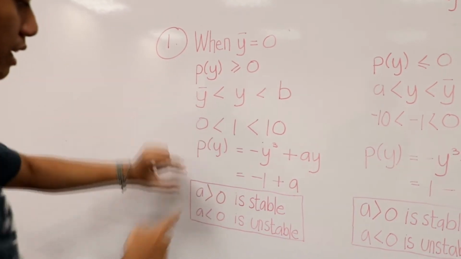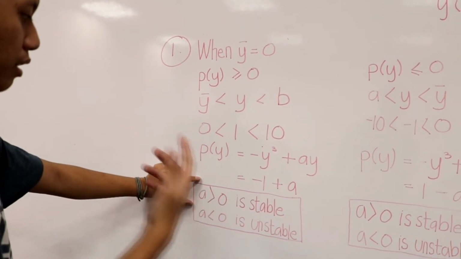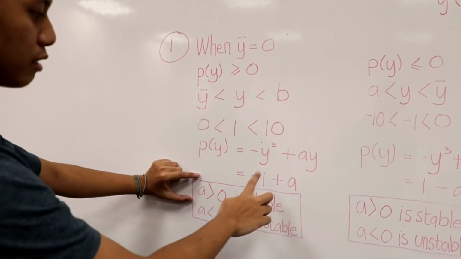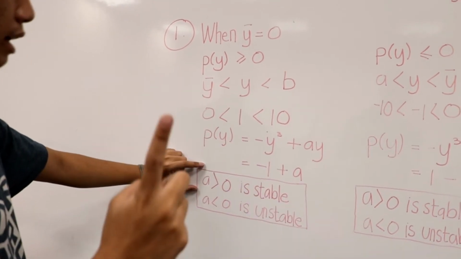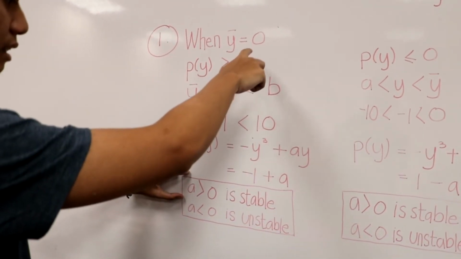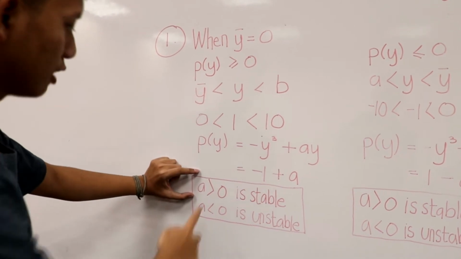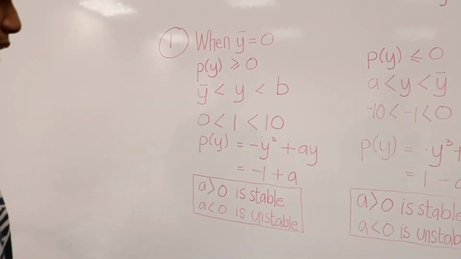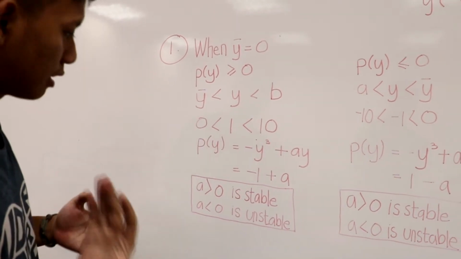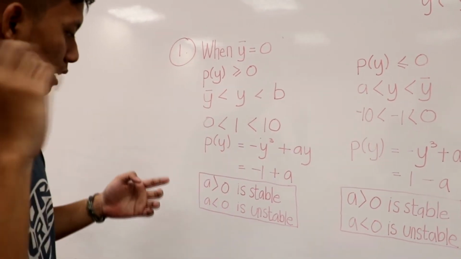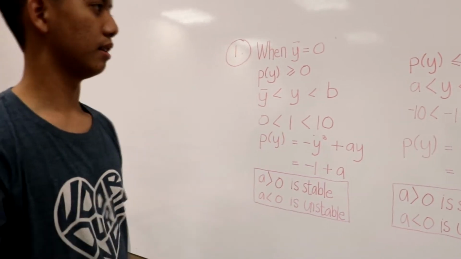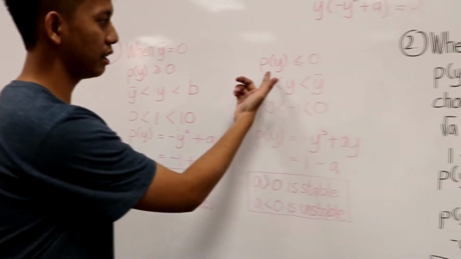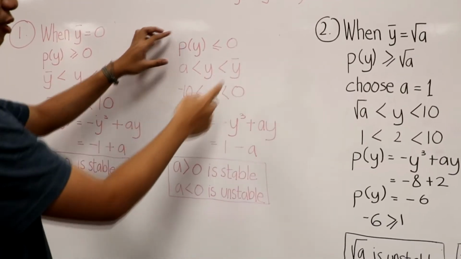If a is greater than 0, we choose 2, minus 1 plus 2, it will become 1. So 1 is greater than 0. Is it right? So a greater than 0 will be stable, and otherwise, which is a less than 0, becomes unstable. This is also applicable for y less than 0.